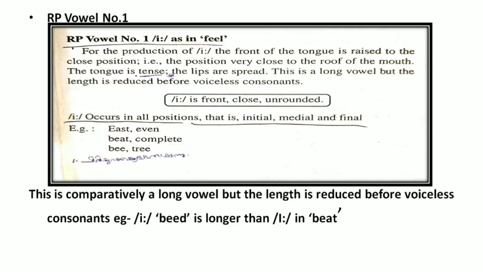It is not a long vowel there. So this is a long vowel in bead, but it is not a long vowel in beat. The length is reduced before voiceless consonants, that is T here.